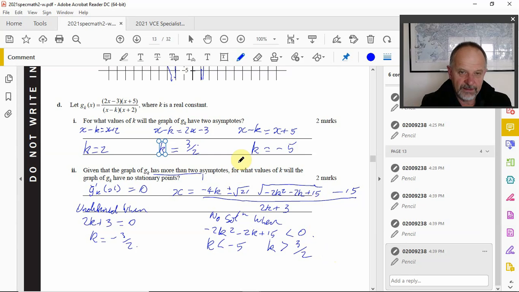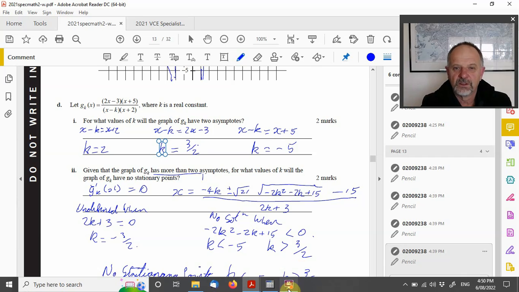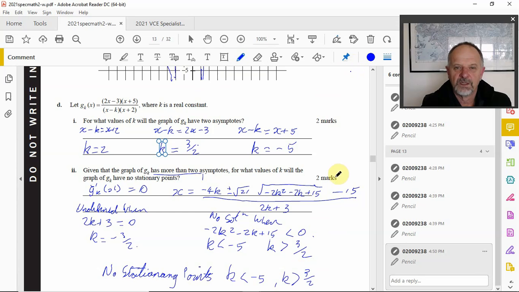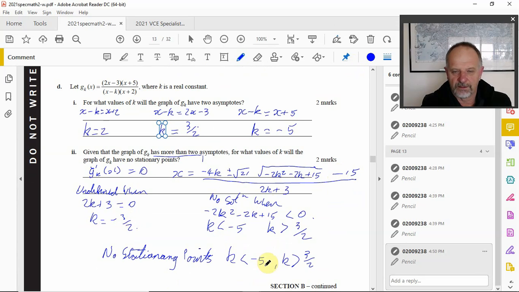So no stationary points when k is less than negative 5 and k is greater than 3/2.